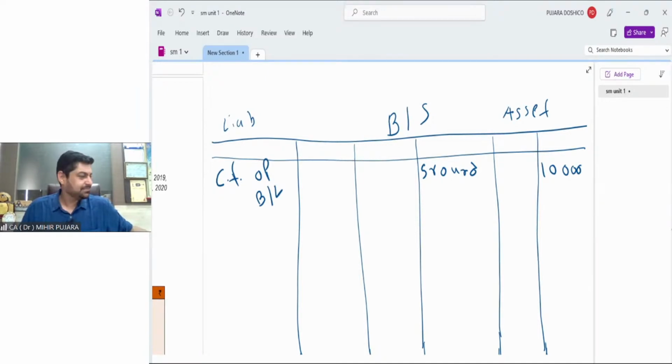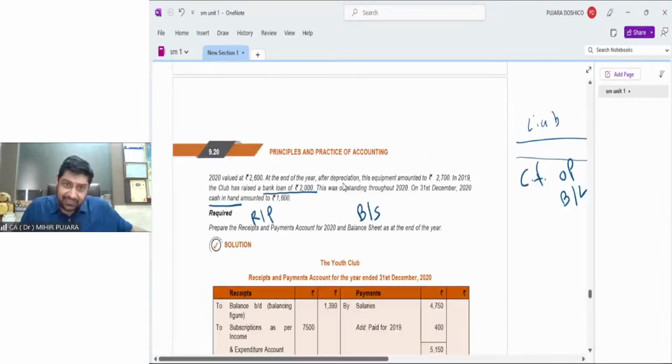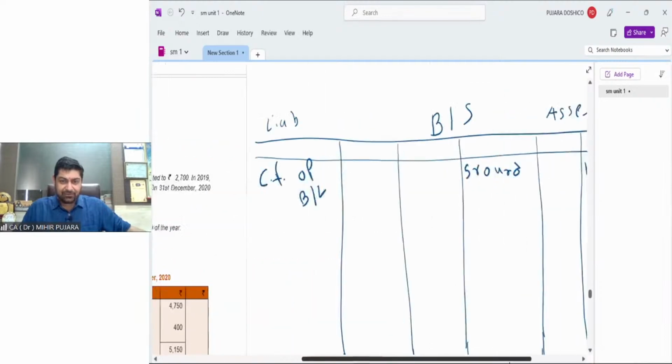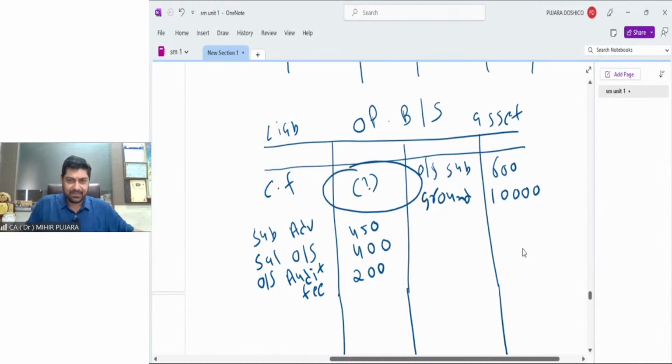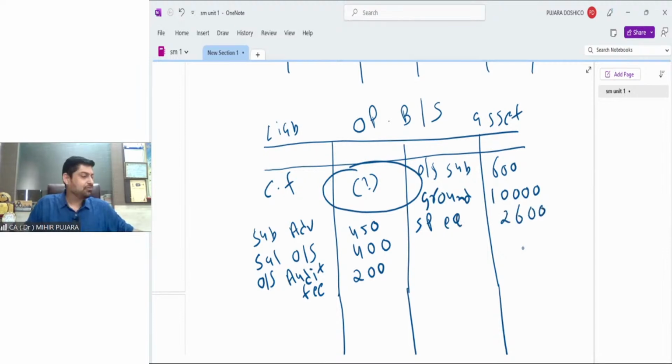It should be our asset. So we can say 2,600 is the opening balance. Simple, guys, very simple. Okay, next one.